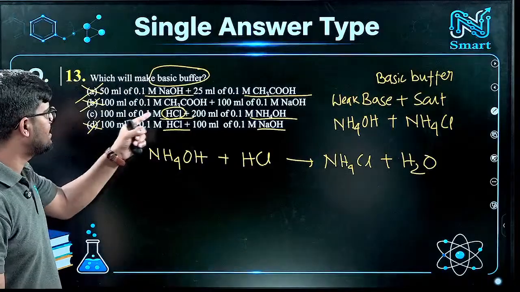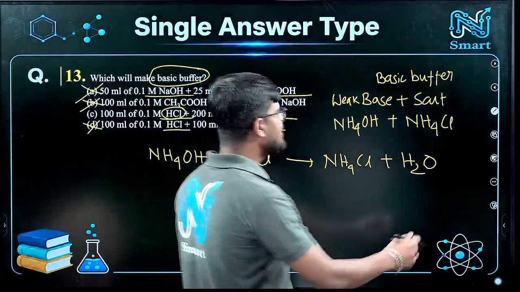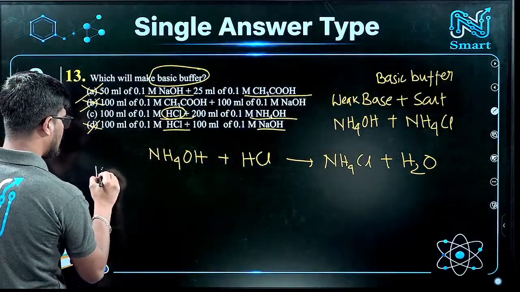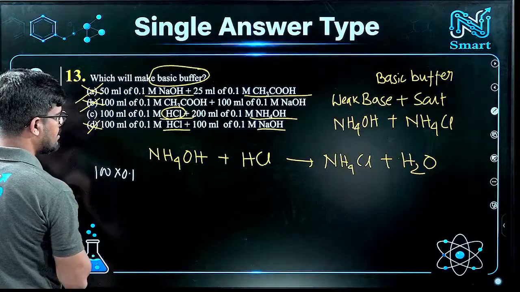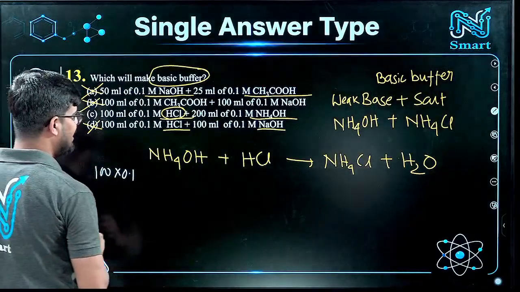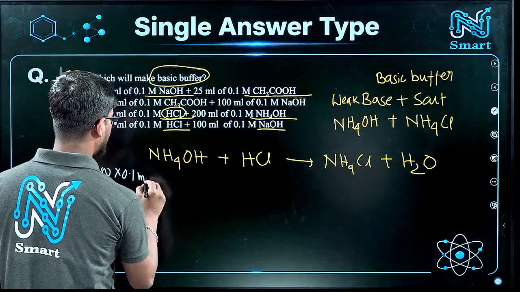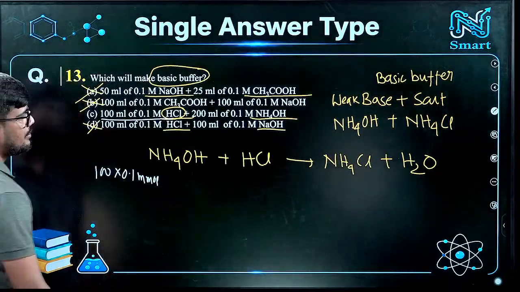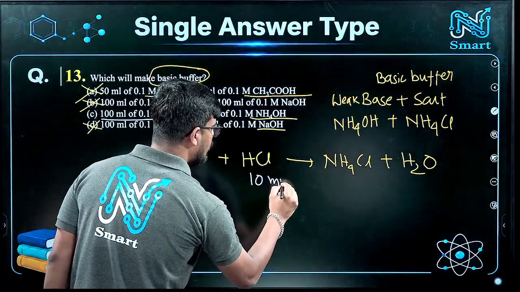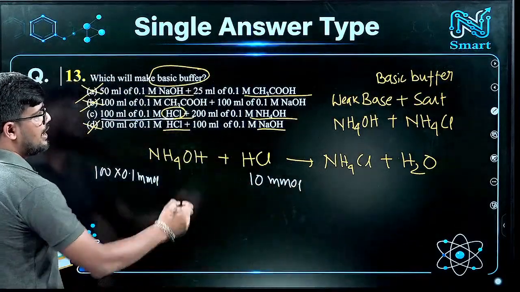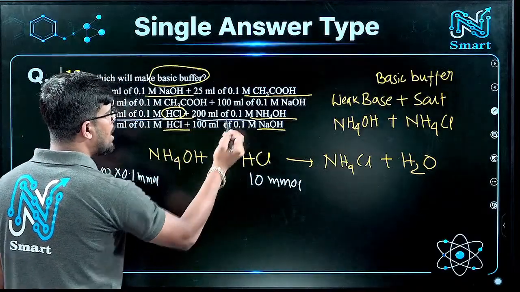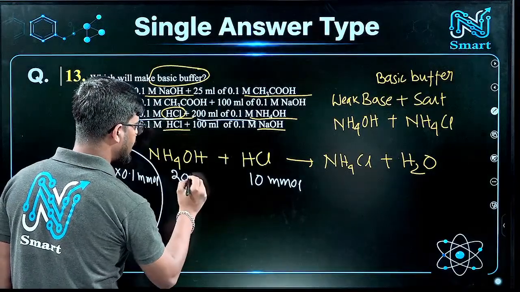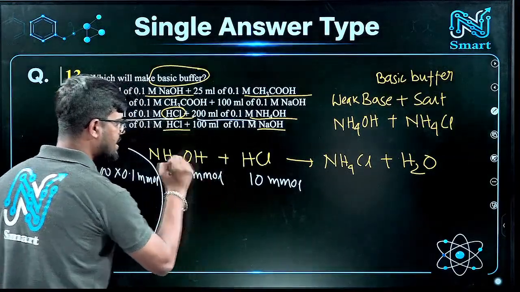Now just check the mole numbers. In case of HCl, what is the mole number? 100 into 0.1 means 10 millimoles. So 10 millimole acid is given. Now base, 200 into 0.1 means 20, so 20 millimole base is given.